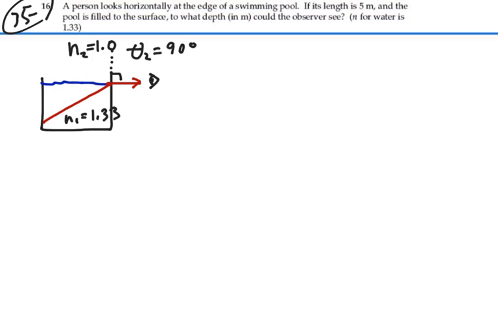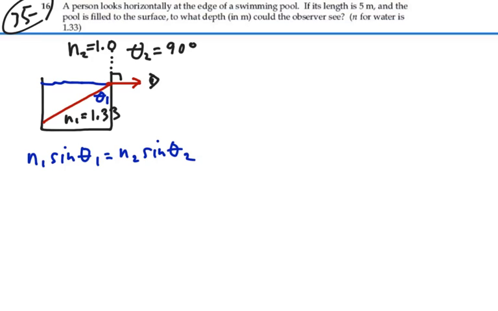Alright, so we want to find what is this angle of incidence. What is theta 1 as we're going into this interface? We're going to use Snell's law for that. N1 sine theta 1 is equal to N2 sine theta 2. We know what theta 2 is. It's actually 90 degrees, so the sine of 90 is going to be 1.